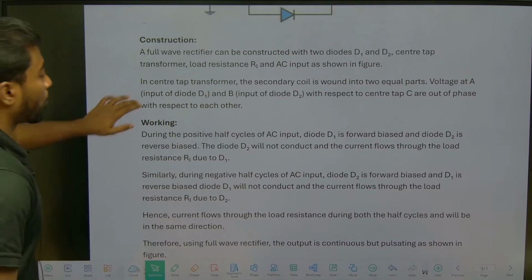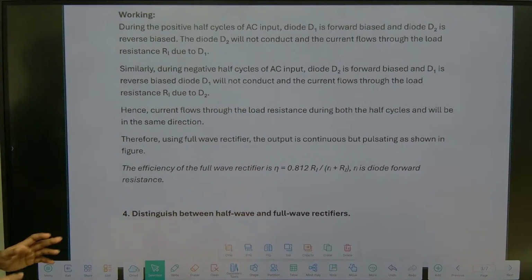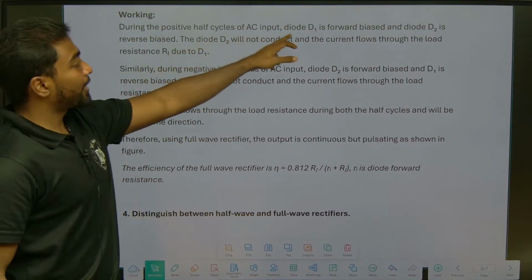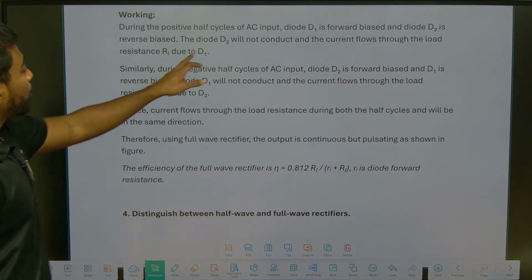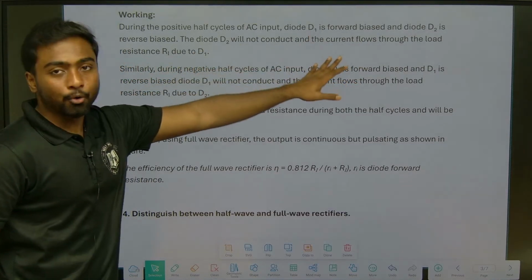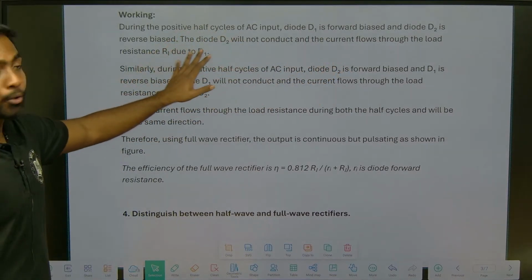Got it. Now the working principle. During the positive half cycle of AC input, diode D1 is forward biased and D2 is reverse biased, and the diode D2 will not conduct any current flow, and current flows through the load resistance R1 due to D1.